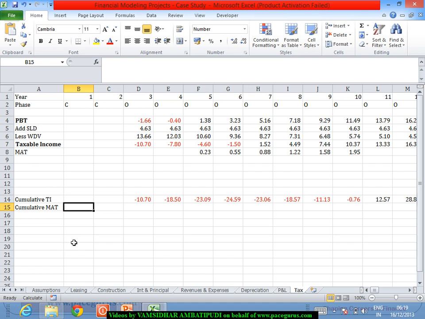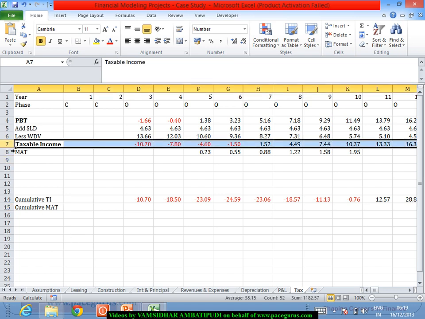because a PBT was generated positive, not because I have really generated profits, because my tax is actually done on the taxable income, but because my PBT was positive, there is a minimum alternate tax that was charged, which can be adjusted from the period where the total cumulative taxable income is becoming positive, and I end up paying the actual taxes.